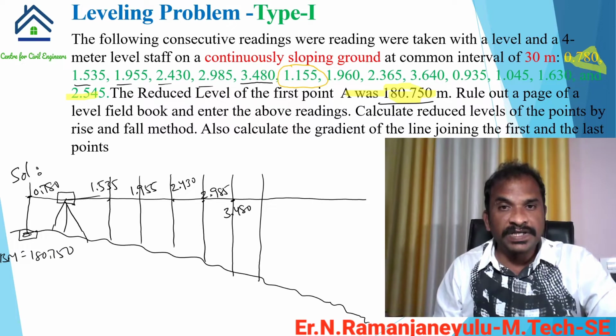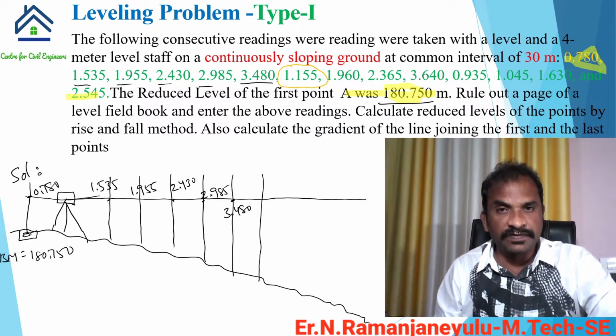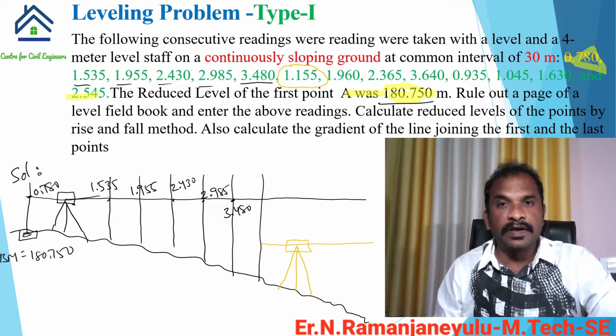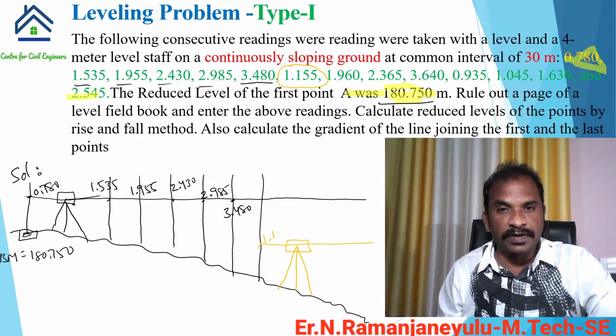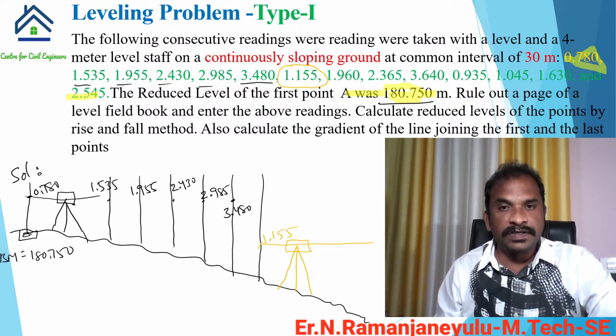That means after taking 3.480, suddenly the instrument is shifted from the first position to the second position. For example, like this. This is the second instrument station. The value over this point is 1.155.